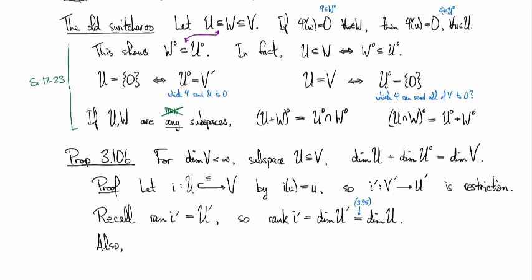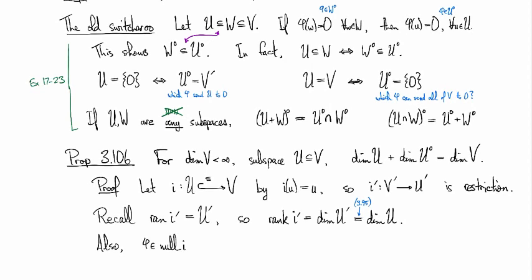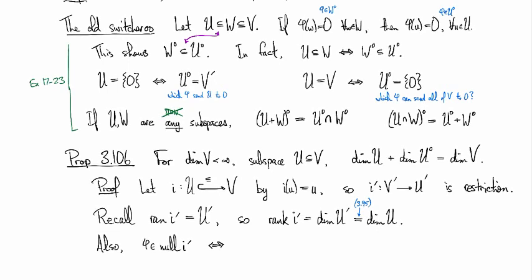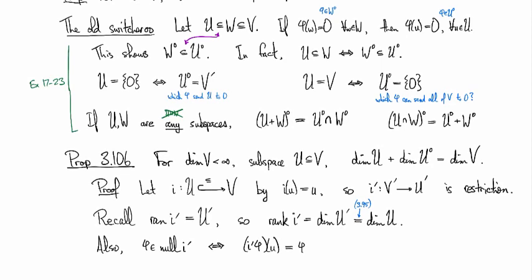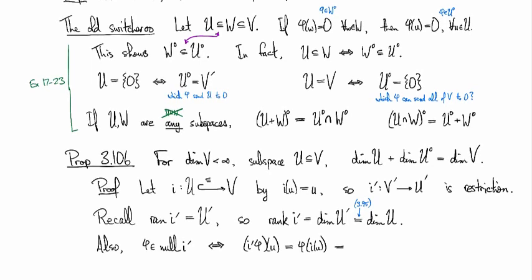And now we also have, let's look at the null space. So if we look at something from the null space of I prime, phi is in the null space of I prime if and only if I prime of phi applied to u is equal to 0 for all u. And let's unpack a little bit of what this is. So this is phi of I of u, which by the definition of I is phi of u.